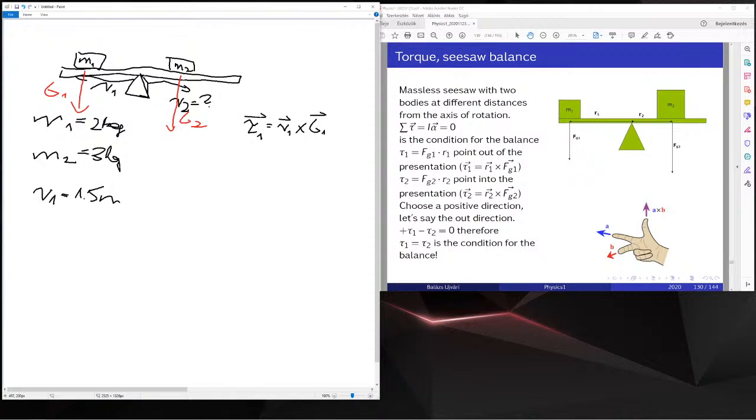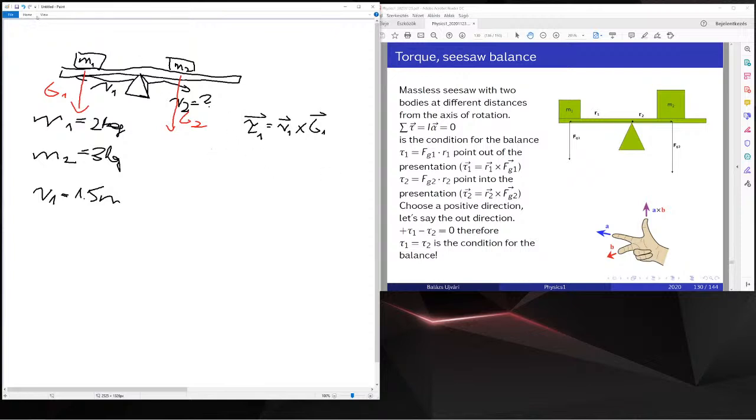You should say that, using the right hand rule, if R1 is this finger and G1 is this finger, the direction of the cross product will come out of your screen, towards your face.